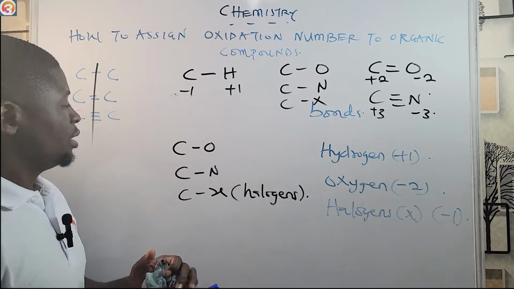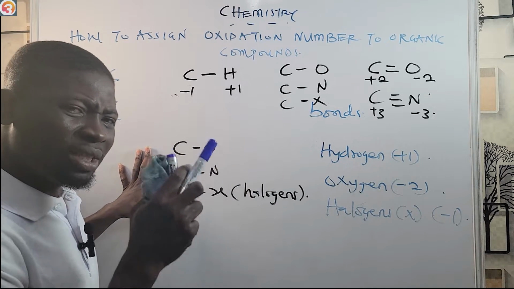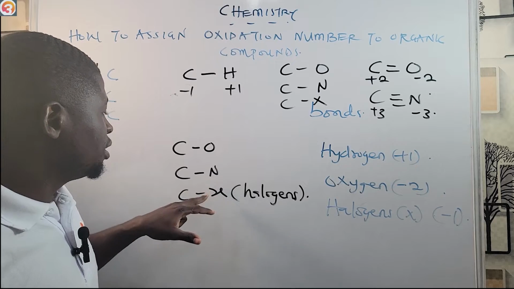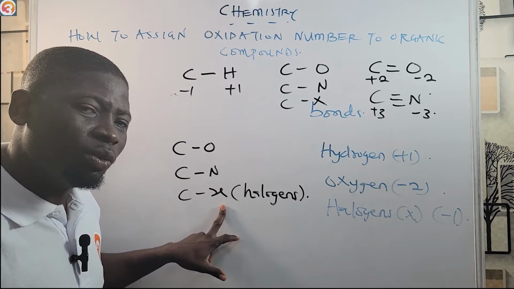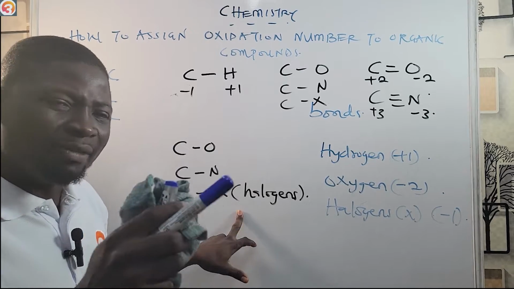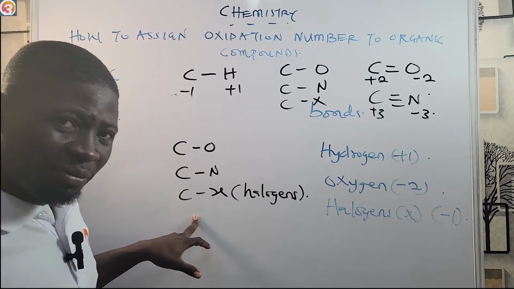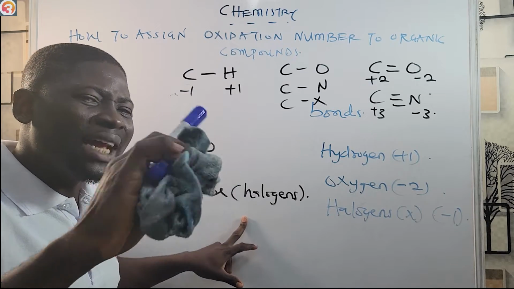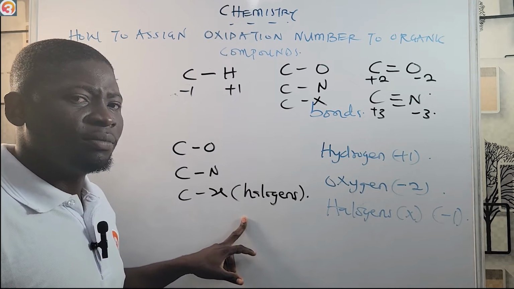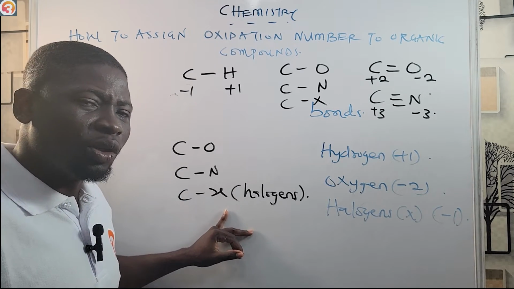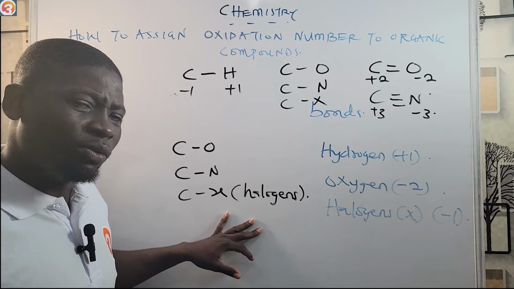Carbon will have a positive charge when the carbon to oxygen, carbon to nitrogen, or carbon to halogen bond is broken. Why is that? It will have a positive charge because carbon is less electronegative than most of the other elements in organic compounds.